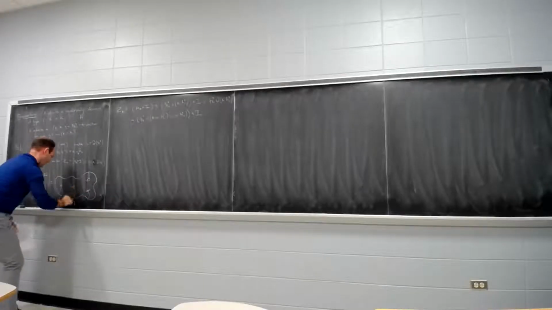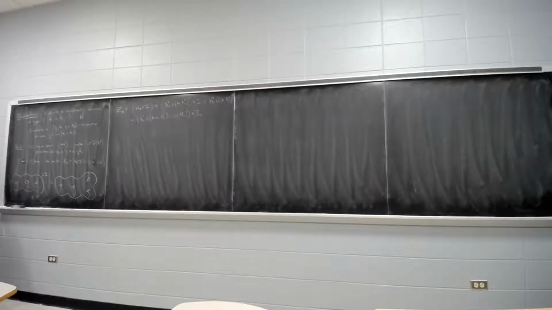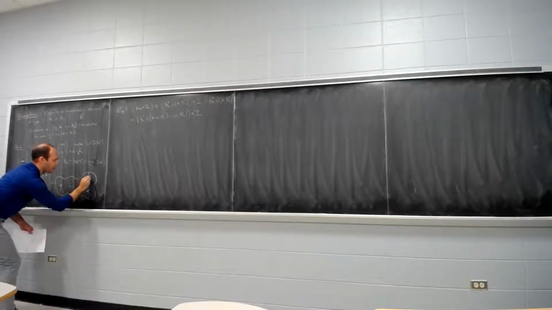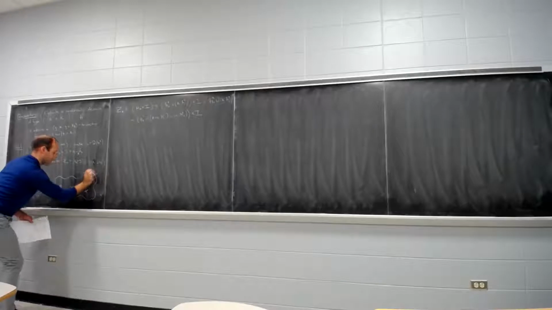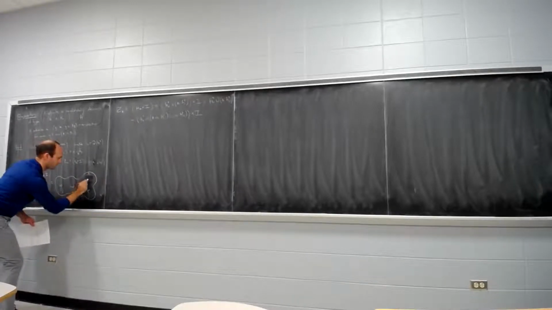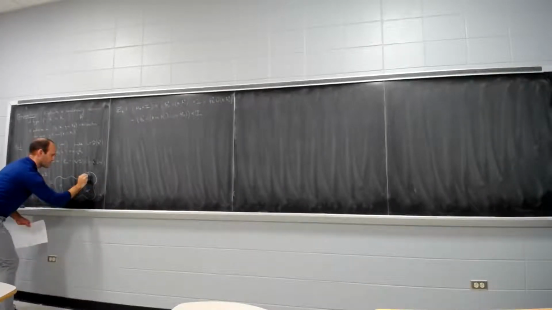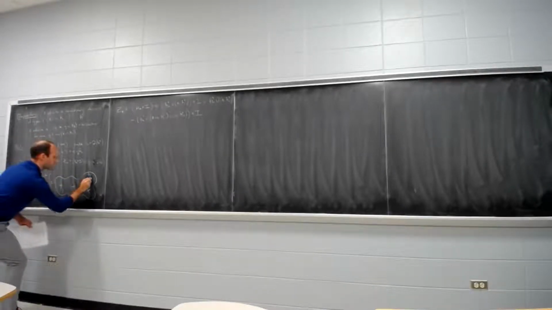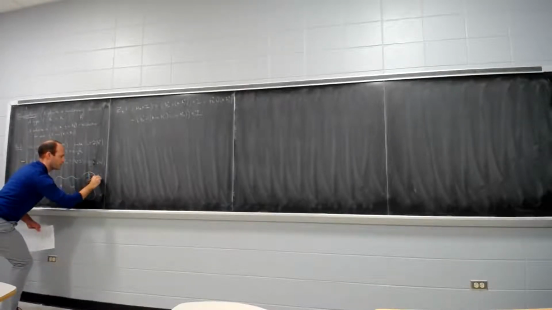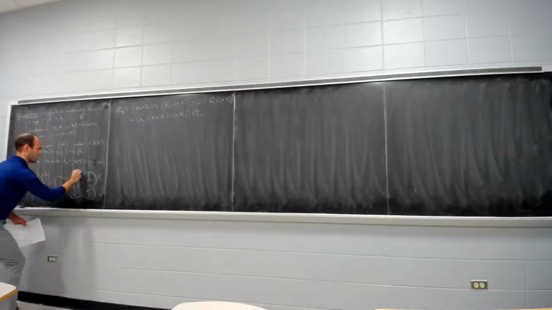And what we do is we stabilize the handle body by connect summing it with a genus 1 Heegaard splitting. Sorry, I'm trying to talk and write at the same time. So here we've added on some three-dimensional two handles, n of them.